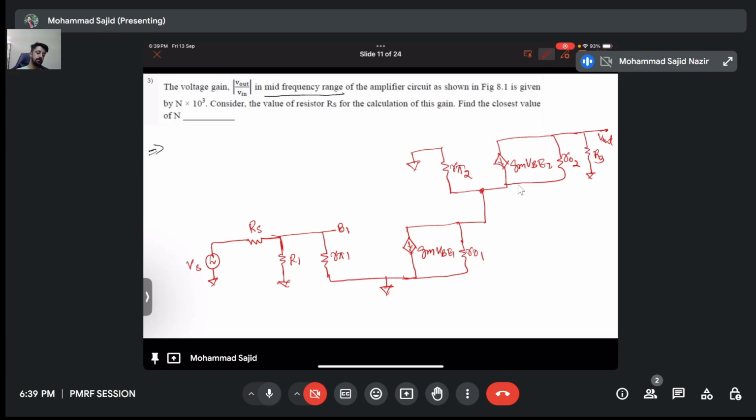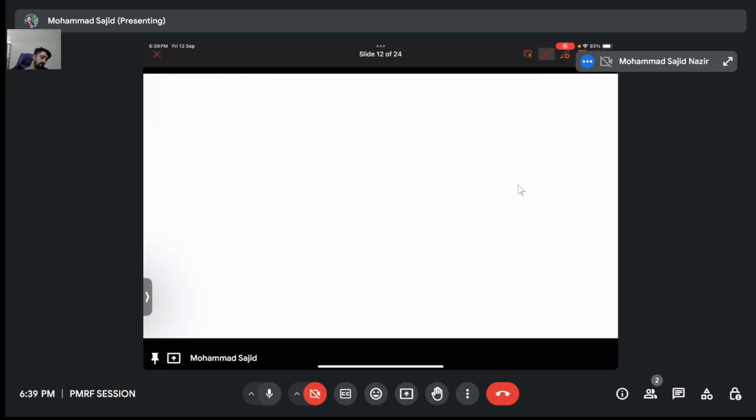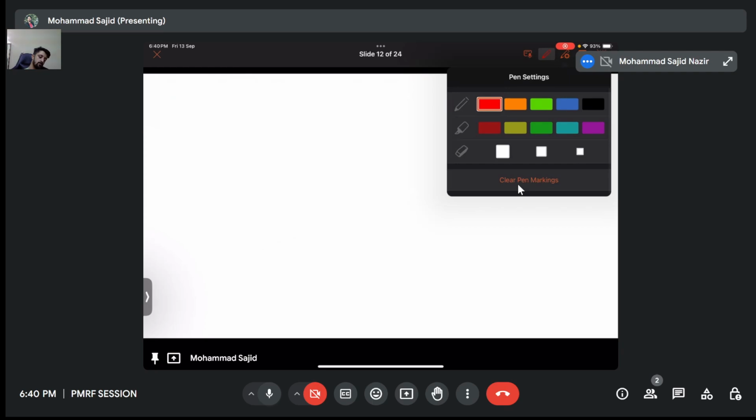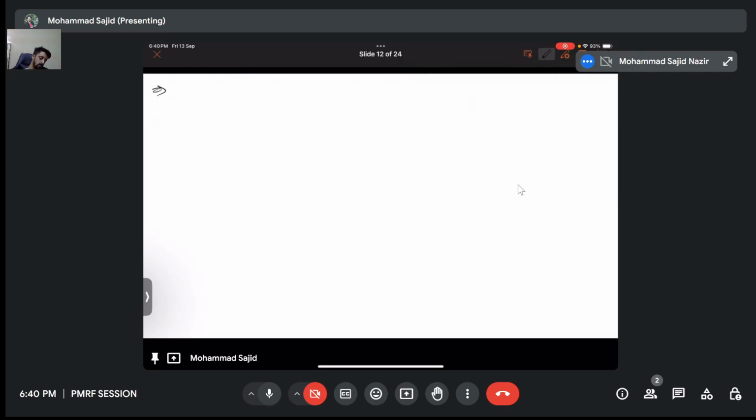So this is your equivalent circuit. Let's again call this V1. We need to find V output by V in. That's your V source here. Let's call this V. So we need to find this.